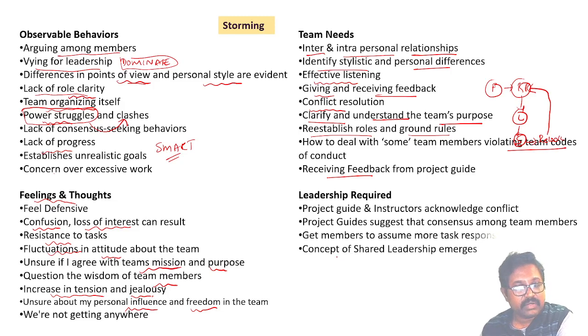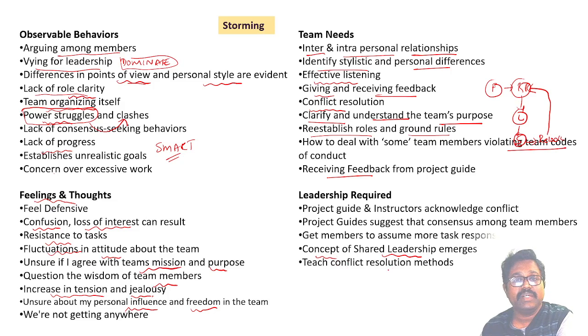And they need to understand and share the concept of shared leadership. The leader has to make sure that he shares his responsibility so that each of the team members acts as an individual leader, but they share their leadership skills, and they learn to resolve the conflicts.